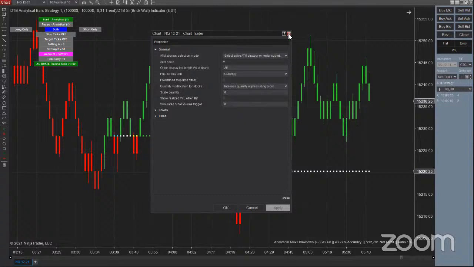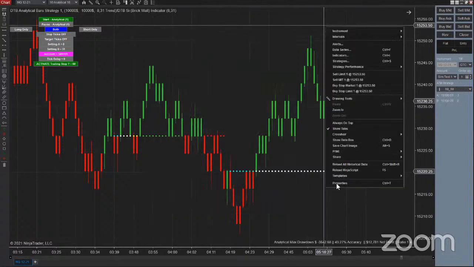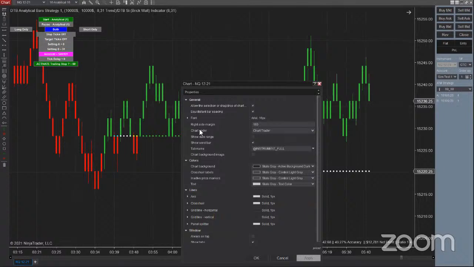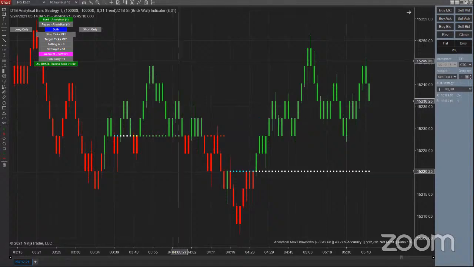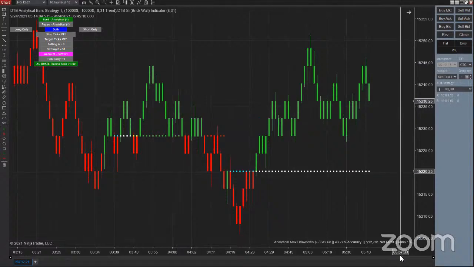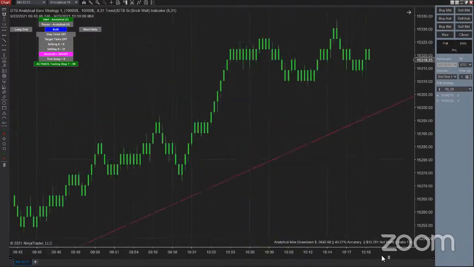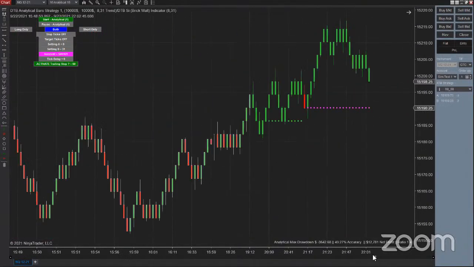Chart trader. Maybe I should click over here instead. So properties. Date range. There we go. So showing the date range is going to show you on the top of the screen the dates of the chart that you're looking at. So we're looking at 20, 13, 6, and 30. So you can go now and scroll back to 20.